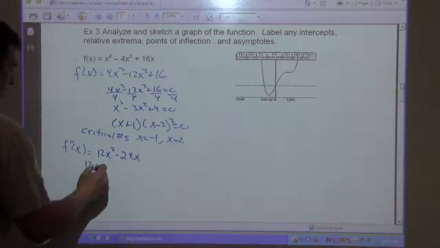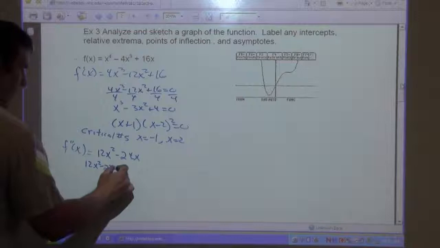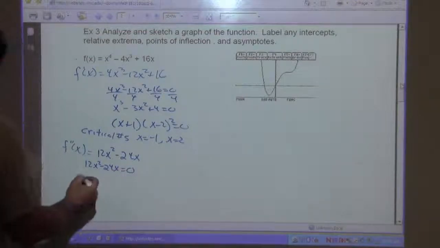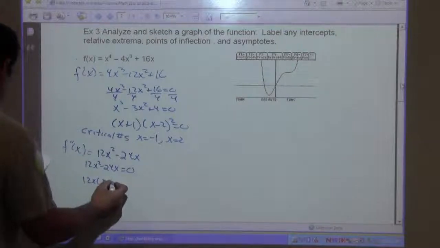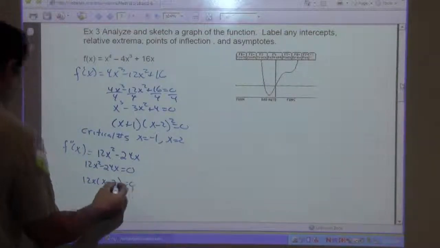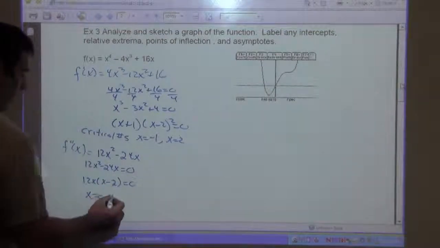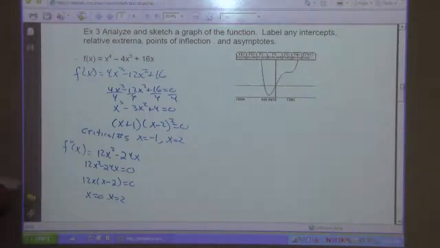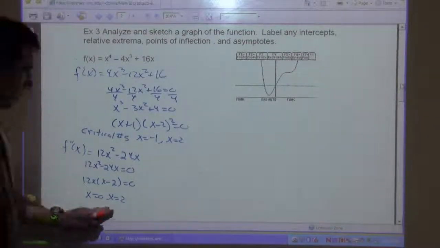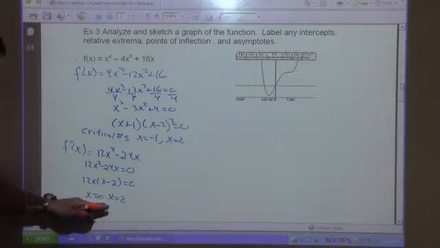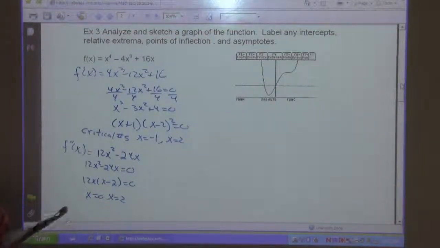So if we set that equal to 0, 12x squared minus 24x equals 0, so it's 12x times (x minus 2) equals 0. So from that, x equals 0 and x equals 2 would be our potential inflection points. Doesn't mean they're going to be that.